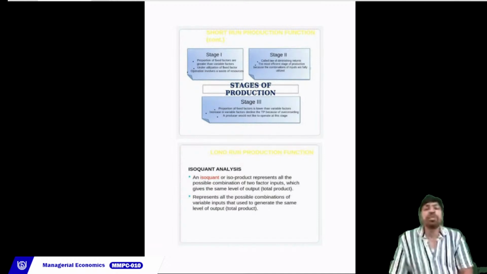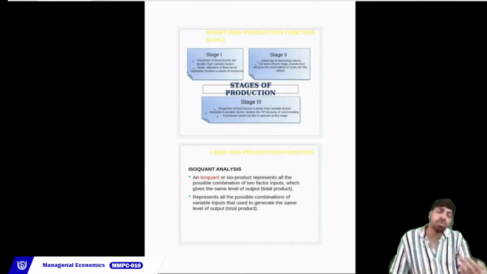When we talk about stage third, it is where the proportion of fixed factors is lower than the variable factors. That means variable factors are used more than the fixed factors in stage third, which also increases the cost of the variable factors and ultimately declines the total output.